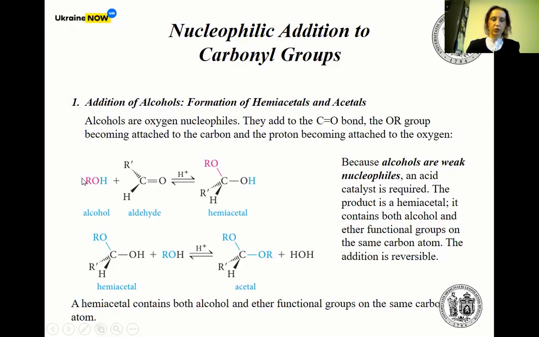So this red part is added to carbon here, and this hydrogen is added to the OH group, in such a way.